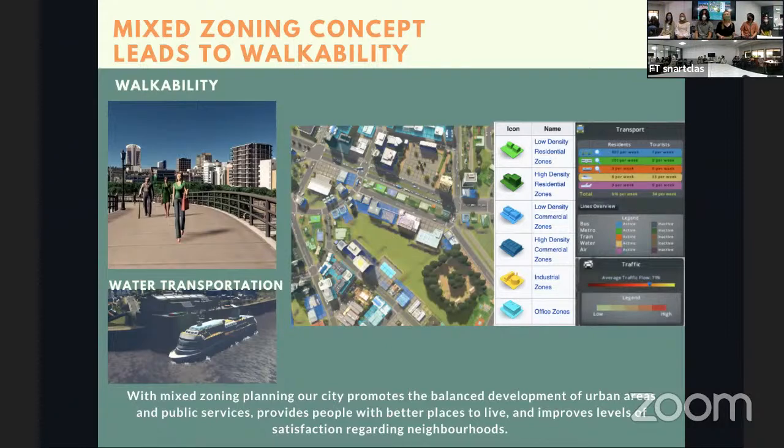With this strategy, every element in our city is accessible for everyone. It also makes residents less likely to use public transportation or even their own vehicles. They prefer to walk.